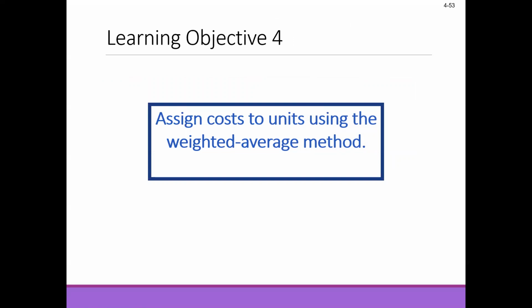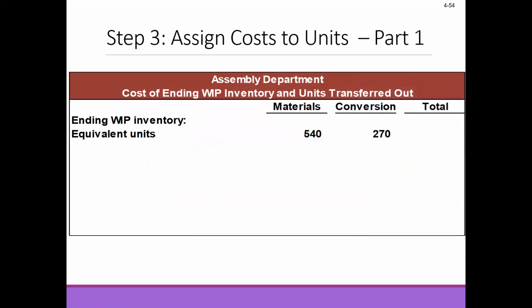Objective 4, assign costs to units using the weighted average method. So our ending work in process, we have equivalent units between materials and conversion.